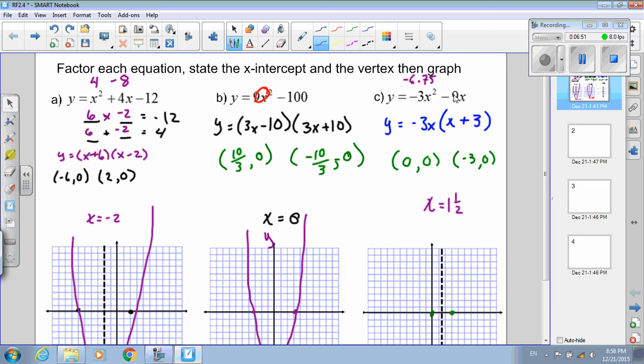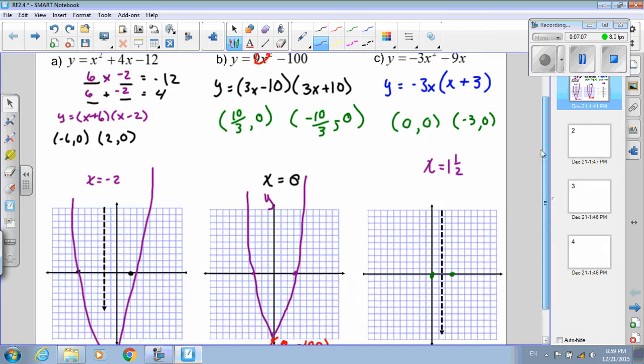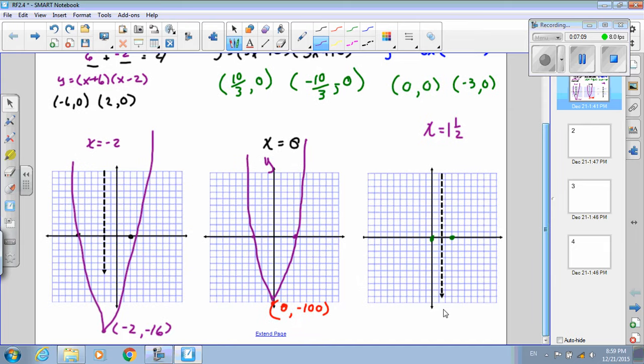And then negative 9 times 1.5 would give me negative 13.5. If I were to group these two terms together, I would get negative 20.25. So roughly 20.25.